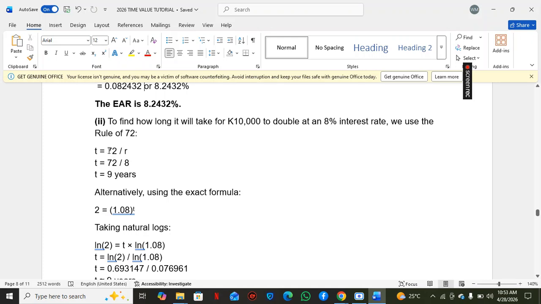You just say 72 divided by the rate of 8, 72 divided by 8, it will take basically 9 years. But as I said, this is just for your general knowledge. Never use this in the exam.